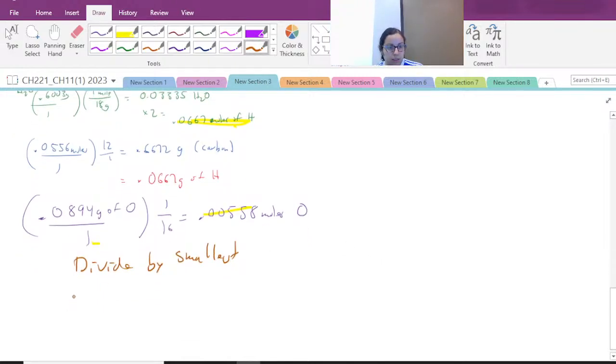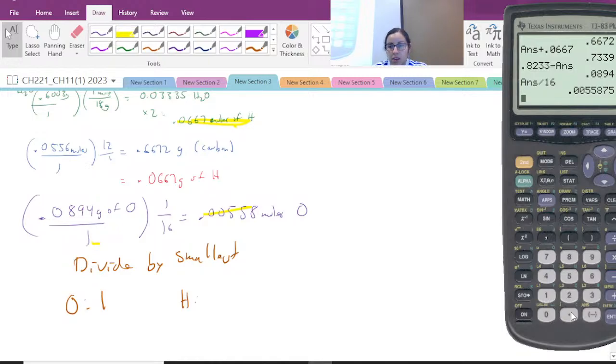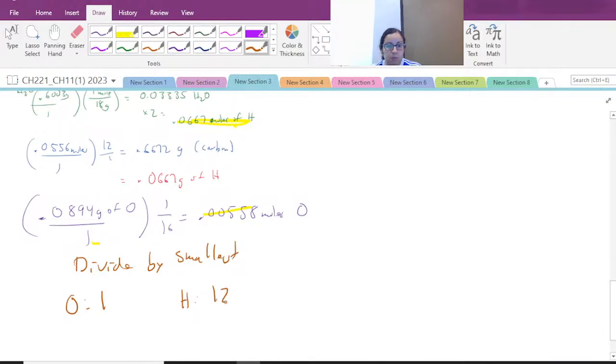Of course, oxygen, I'll just put to 1. Hydrogen, so 0.0667 divided by this. 12 seems like a good place to round it to.